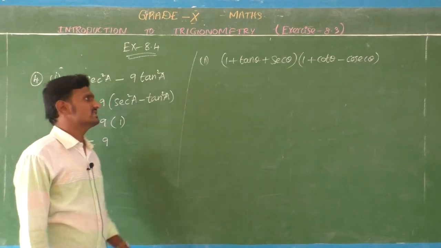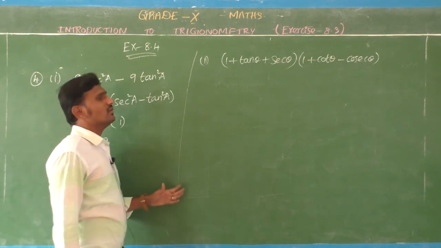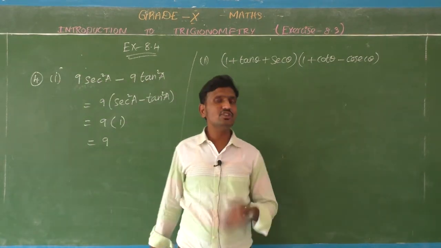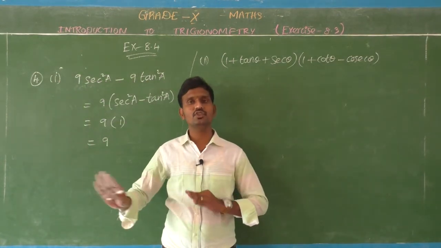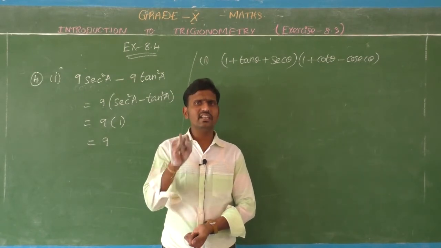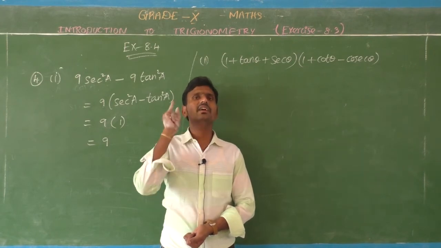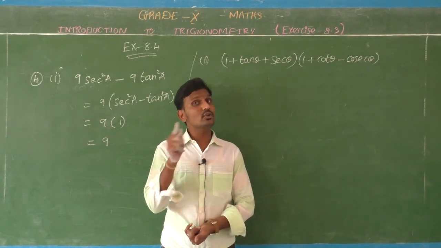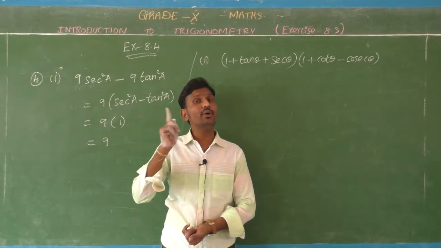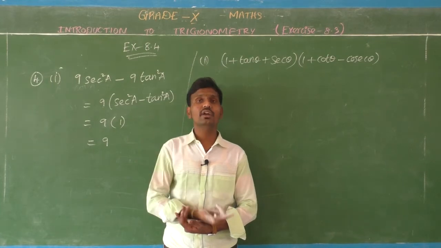For this pattern of question, before that we should know all the trigonometric ratios in the correct format. So what are the trigonometric ratios? Sin A, cos A, tan A, cosecant A, secant A, cot A. Sin and cosecant are reciprocal to each other, and cos and secant are reciprocal to each other.